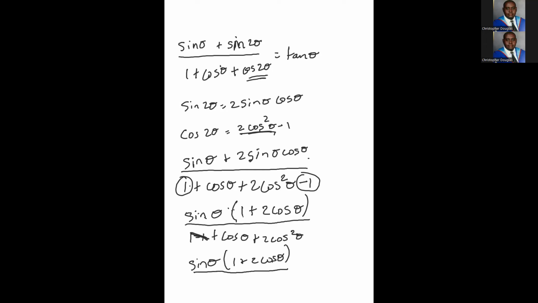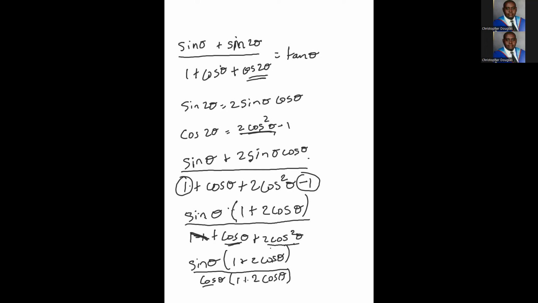Over, if I factor out cos theta, I'll have cos theta divided by cos theta. The term divided by the highest common factor, I'll get 1. And 2 cos squared theta divided by cos theta, I'll get 2 cos theta.